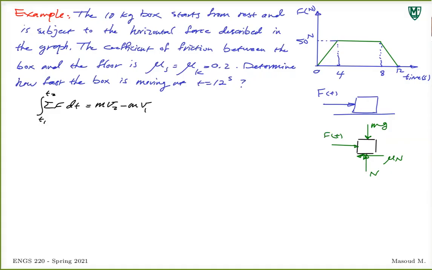Now, let's see what is happening here physically and just take a moment to analyze the situation. The box is sitting on the ground. We start applying the force. The force is 0, and it slowly increases up to 50 newtons. One thing we can immediately figure out is that since the motion starts from rest, velocity is 0. V1 is 0.